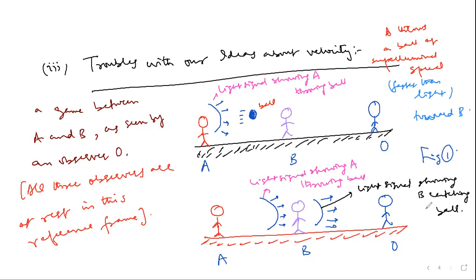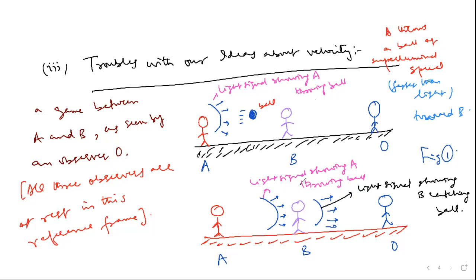Remember how we observe things? Light gets reflected from an object, then that light signal gets into our eye and we see the image. So when A throws the ball, there will be a light signal showing that scene, A throwing ball, right?